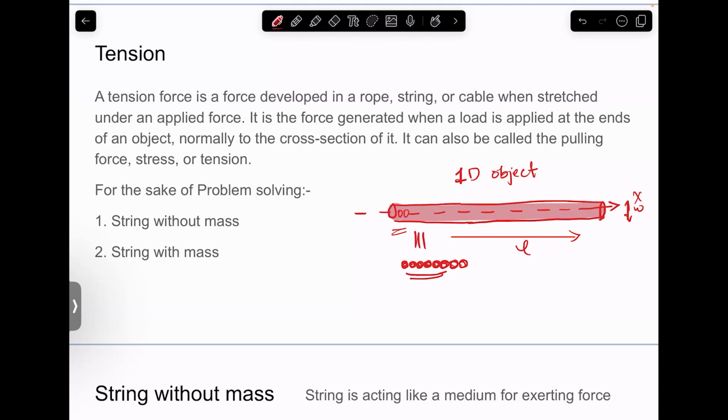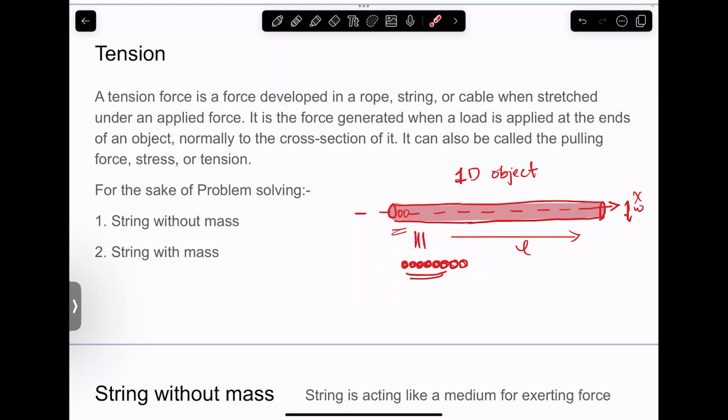Now, this tension can be described as an action-reaction pair. We will see about it later. You have to imagine this form when I'm talking about a rope or a chain.